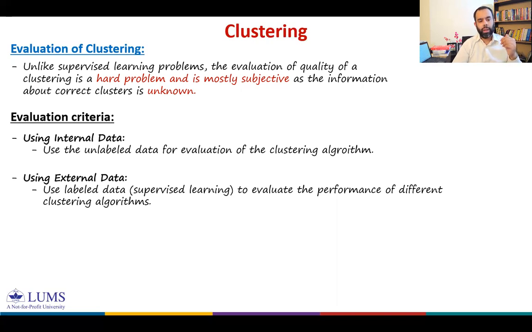Whereas in using external data, we evaluate the performance of the clustering algorithm using some labeled data. So we run the clustering algorithm on the labeled data, assuming it would perform in the same way on unlabeled data. That is evaluation using external data. Let me explain each of these in more detail.